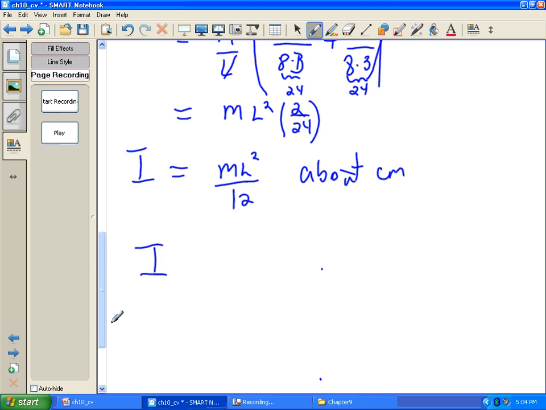Lambda times the integral of x squared dx from 0 to L.